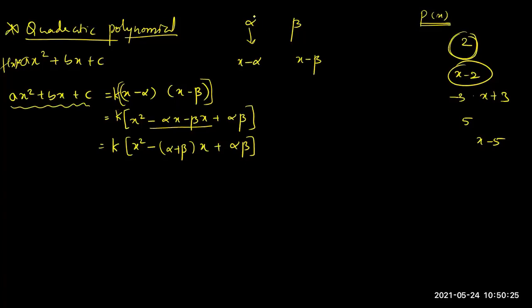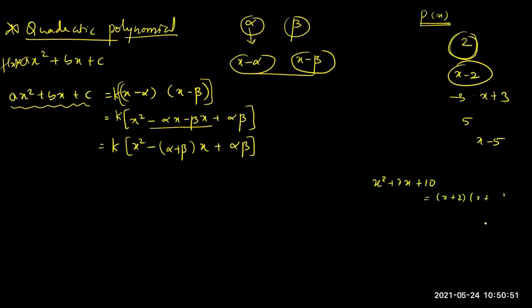It has two zeros, one is alpha and one is beta. If it has two zeros, then its factors are x minus alpha and x minus beta. So the product of those two is ax square plus bx plus c. For example, if you write a polynomial x square plus 7x plus 10, you can write it as x plus 2 and x plus 5, because 2 plus 5 is 7 and 2 fives are 10.